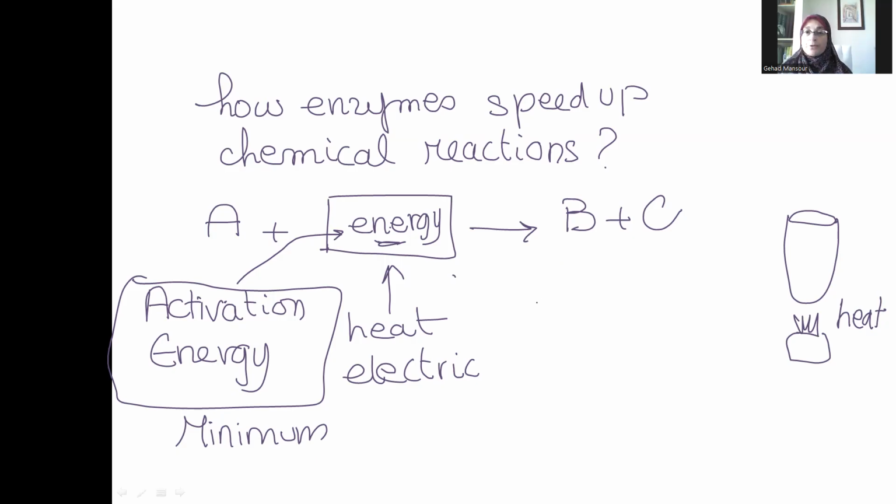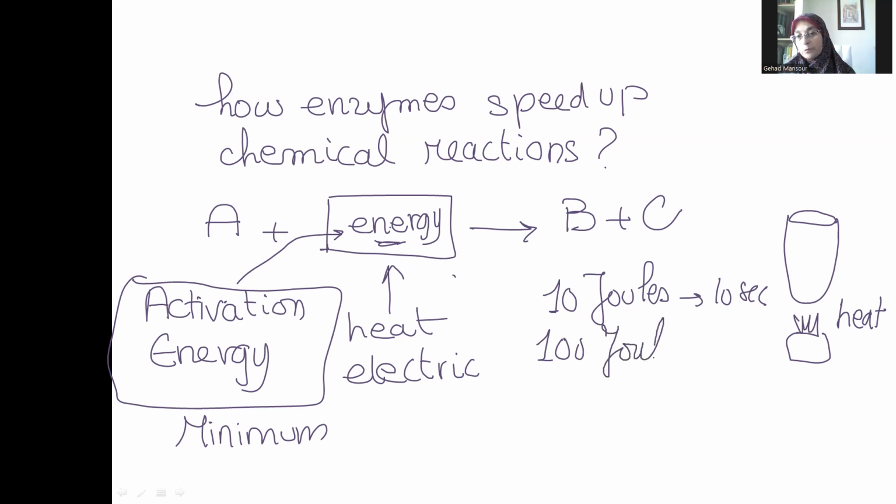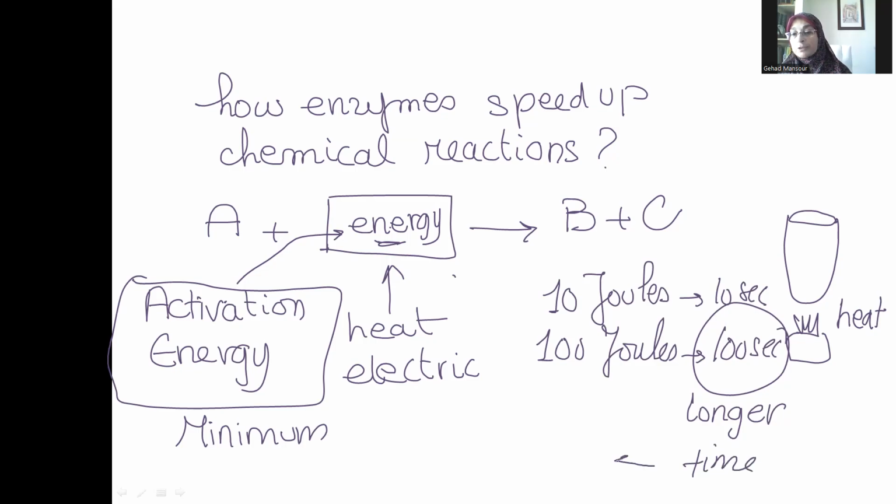Say, for example, that providing 10 joules of energy takes 10 seconds. Then maybe providing 100 joules of energy would need 100 seconds, and therefore it would need a longer period of time, and this would slow down the reaction.